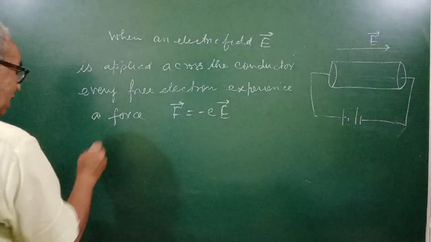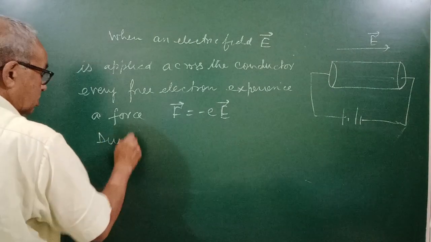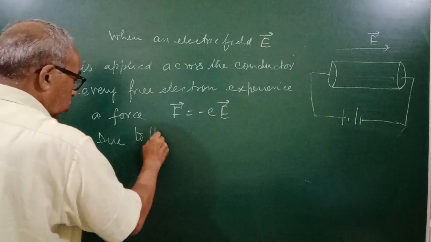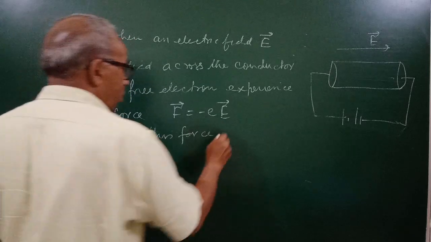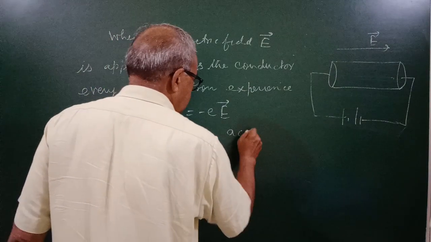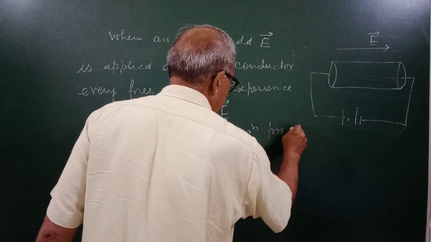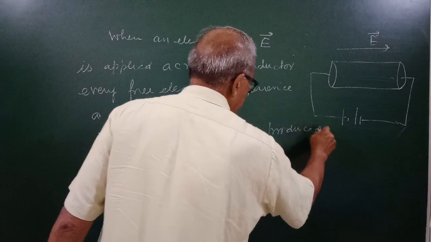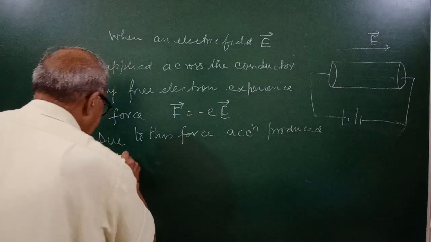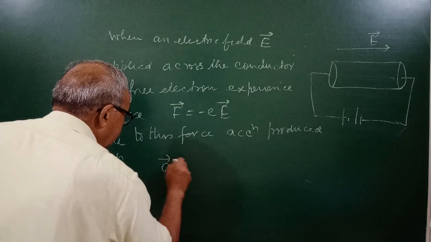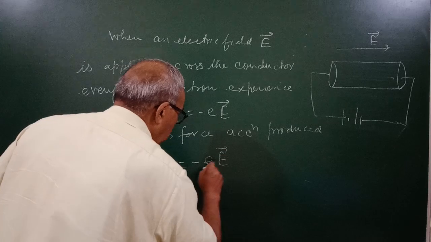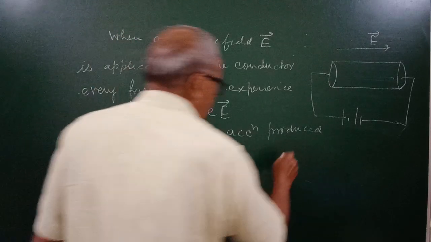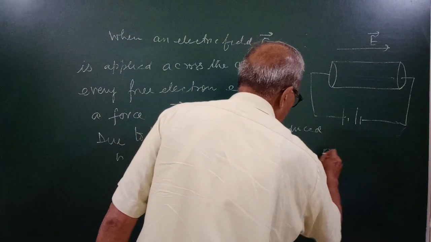So due to this force, the acceleration produced is vector a equal to minus e into E upon m, since a equals F by m, Newton's second law.